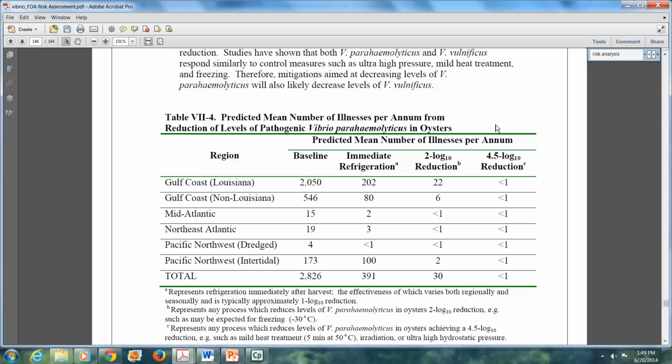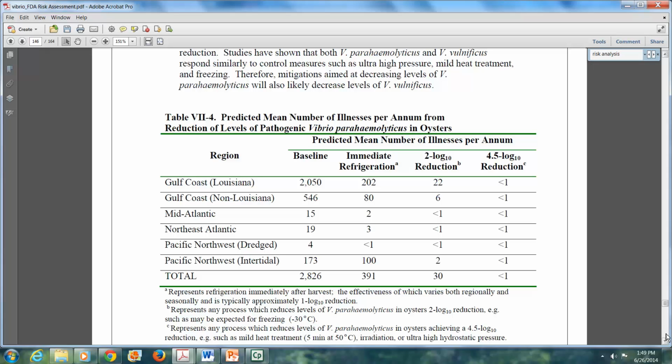And this table here, table 7-4, gives us a good summary. Notice that the rows are geographic regions of the United States, and the columns in this case are indicating different future scenarios.